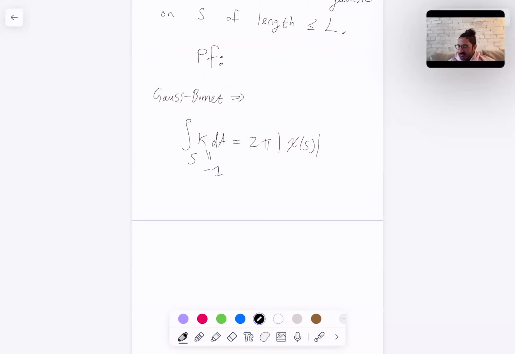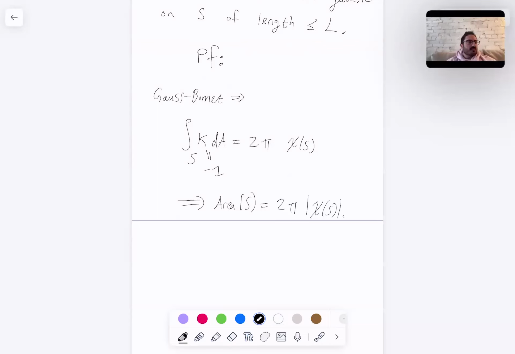This is minus 1. And so what this tells you is that this implies immediately that the area of S is equal to, oh, there shouldn't have been absolute value signs there. This is the Gauss-Bonnet theorem. So the area of S has to be equal to 2 pi times the absolute value of the Euler characteristic.